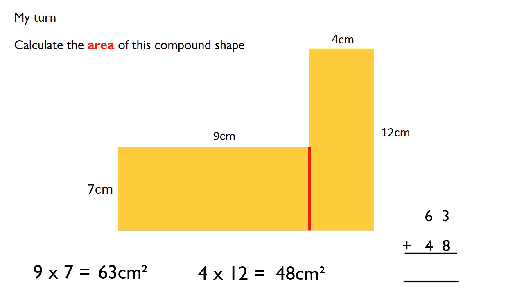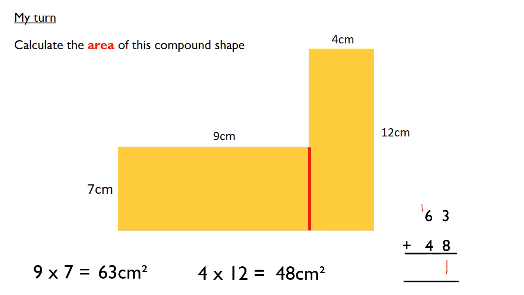Now, I'm going to use my pen here. I will do column addition, and I will do 3 plus 8, or 8 plus 3, and I know that that is 11. So I'll put my 1 here, and I will carry my 10. Then I will do 6 plus 4. We all know our number bonds to 10. 6 and 4 is 10.